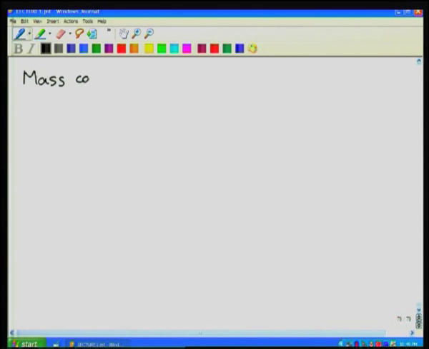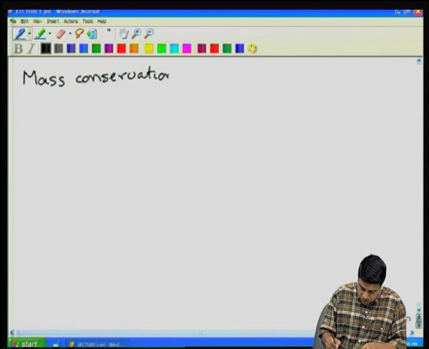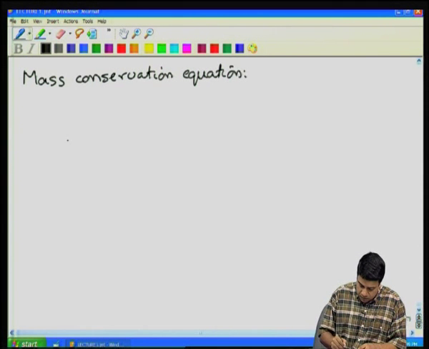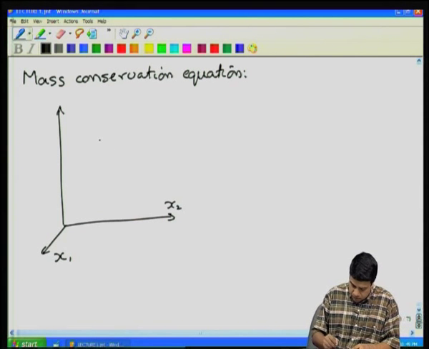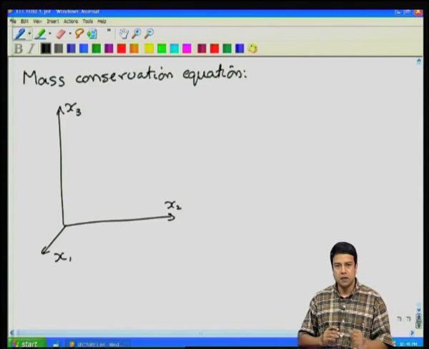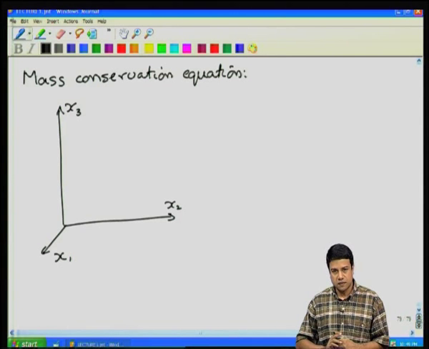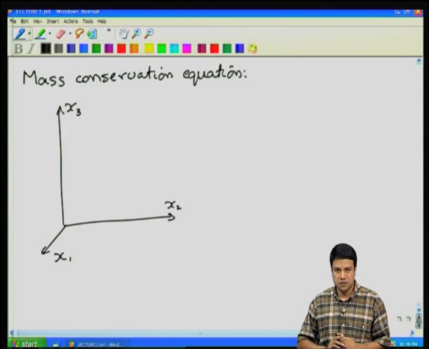So, the idea of the derivation of the mass conservation equation was as follows.